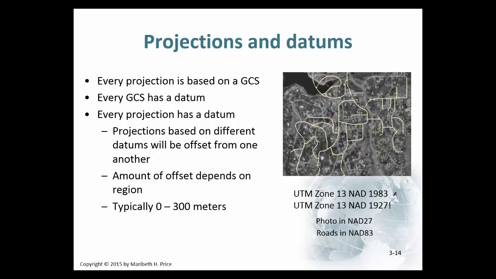Every projected coordinate system is based on a geographic coordinate system. Each GCS will have a datum, and the datums will offset. Notice how the road lines do not line up with the roads in the aerial imagery.